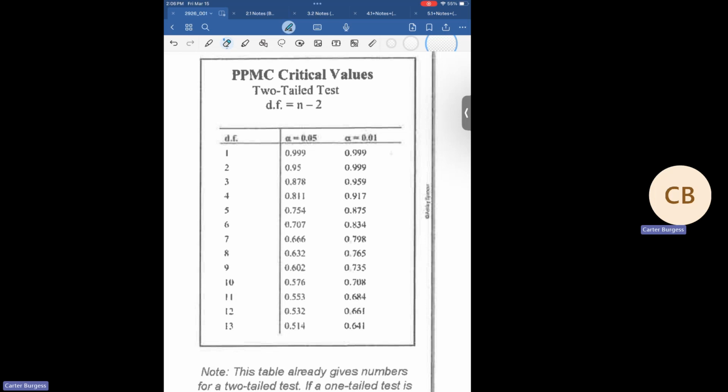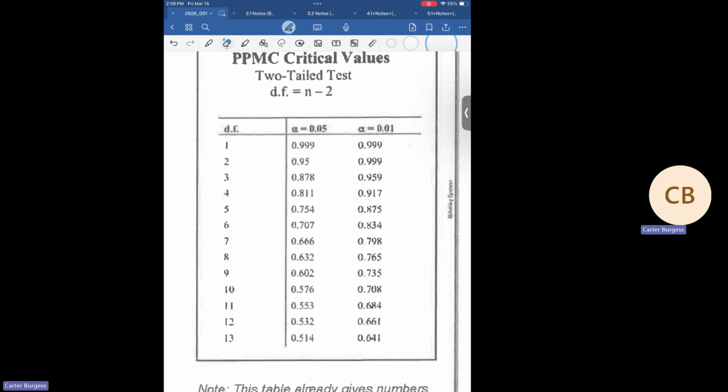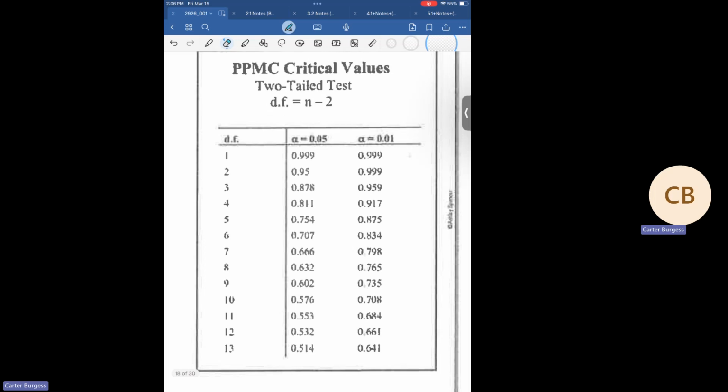So what on this table is going to be our degrees of freedom? If our sample size was 12, how do I convert that to where on the table it's going to be? We look at the leftmost column, and where is n equal to 12 going to be located?